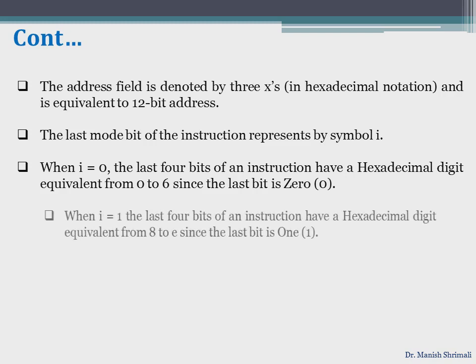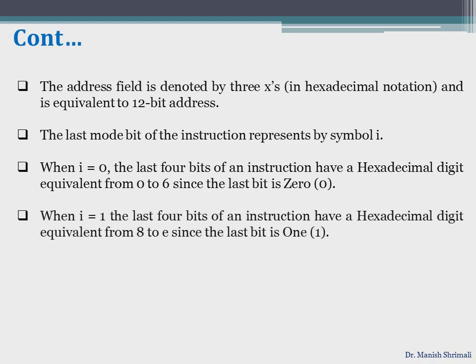And when I is equal to 1, in that case the first hexadecimal digit of an instruction is equivalent from 8 to E, since the leftmost bit is 1 in this case.